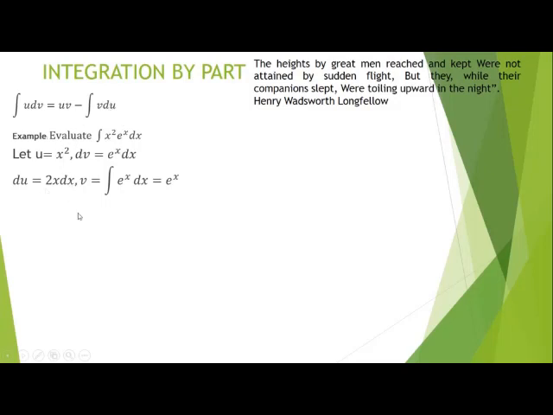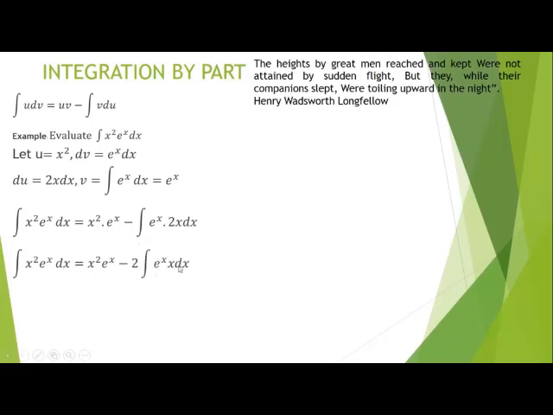So the integral of x squared e raised to x will now give us x squared e raised to x minus the integral of e raised to x multiplied by 2x. Now 2 is a constant, and one of the laws of integration is that when you have a constant, the constant can come outside the integral, and when you do that, this follows.